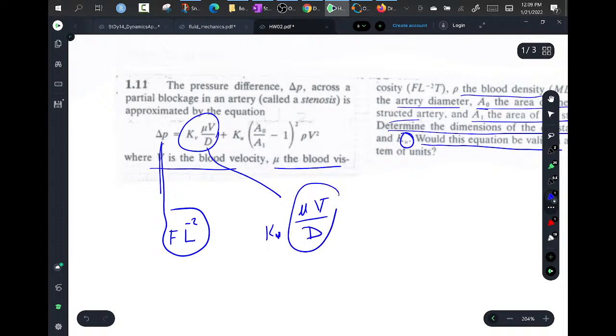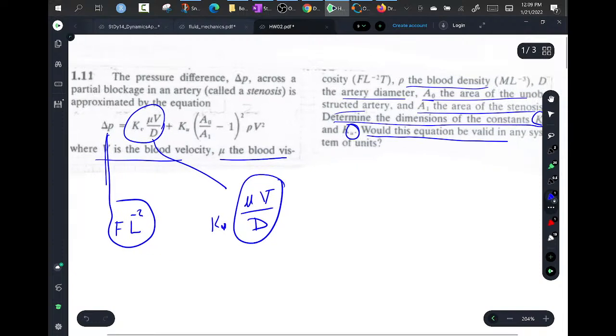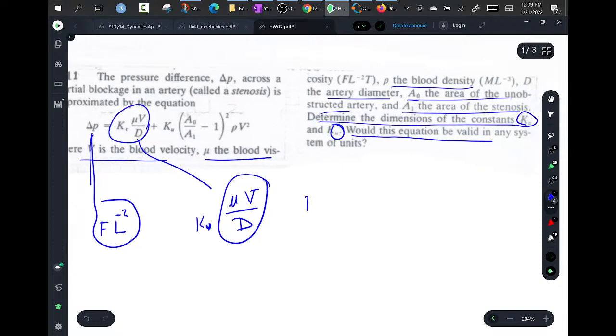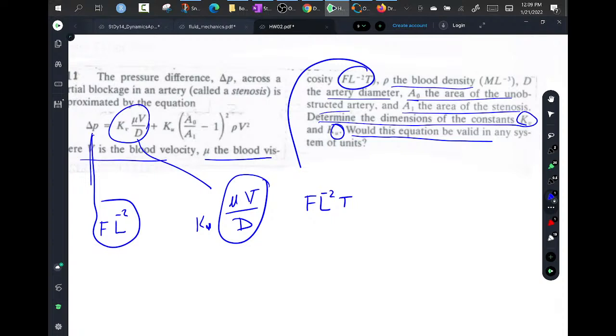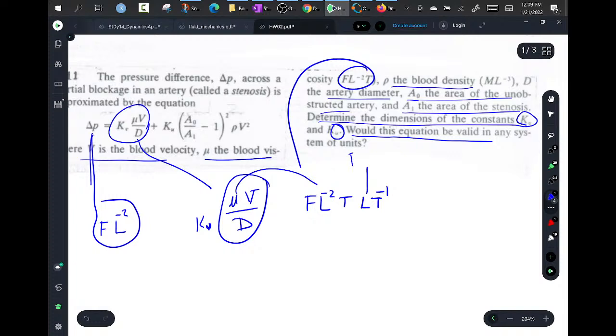So if I look at the units here, he said the blood viscosity is F, L to the minus 2, T, and that's the viscosity, so that's this one. The velocity is in feet per second. Remember, this is the length, so you've got force, length, and time.